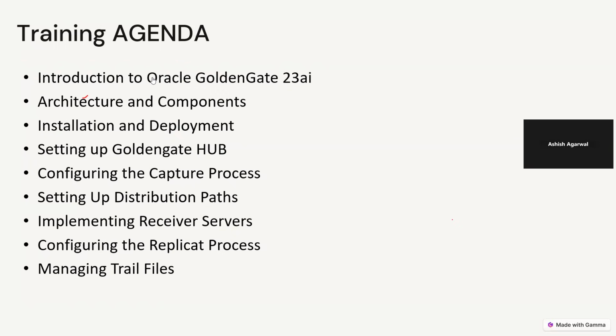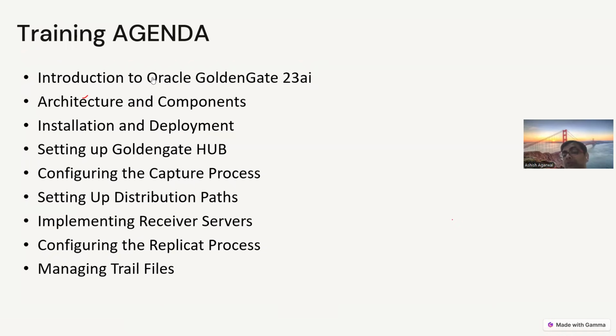We'll discuss different architectures and components of Oracle GoldenGate 23ai, the difference between classic and 23ai, and what the new features of 23ai are. We'll discuss installation and deployment of GoldenGate 23ai, setting up GoldenGate Hub.